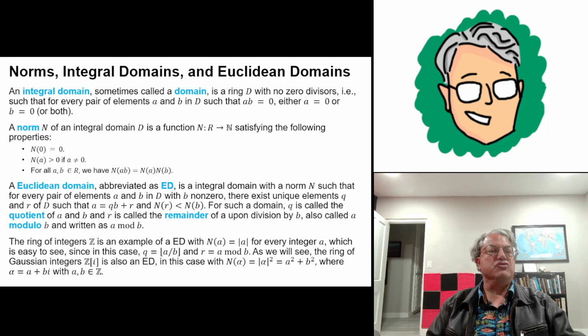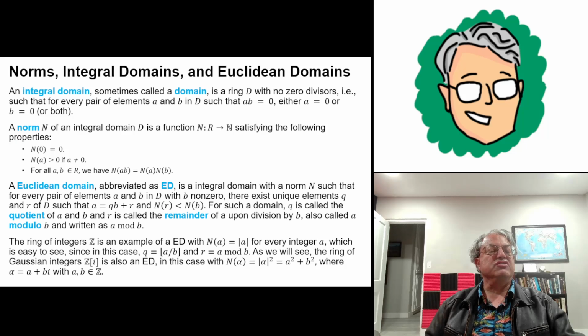So the only element with a norm of 0 is 0 itself. And then also it's multiplicative. So if we have any two elements A, B of D, then N of A times B is equal to N of A times N of B. That's even true if one or both of A and B is 0, because 0 times anything is 0. Anyway, that's what the norm is.